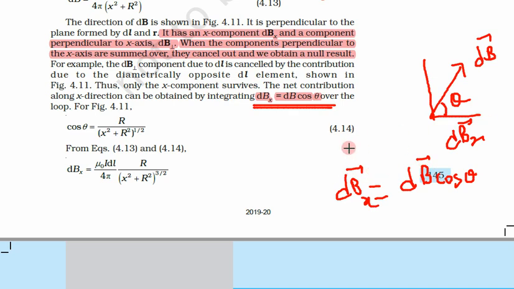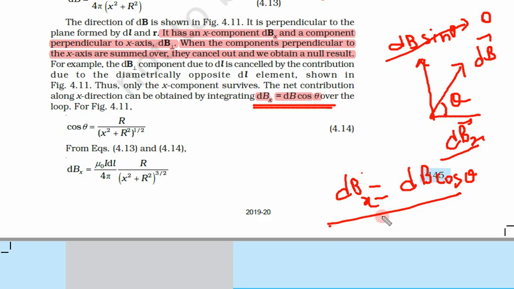Let us remove this vector sign because we are talking about the magnitude, and the perpendicular component would be dB sin theta. But this gets cancelled out because of equal and opposite contributions. So what do we have? Only dBx. dBx is dB cos theta.